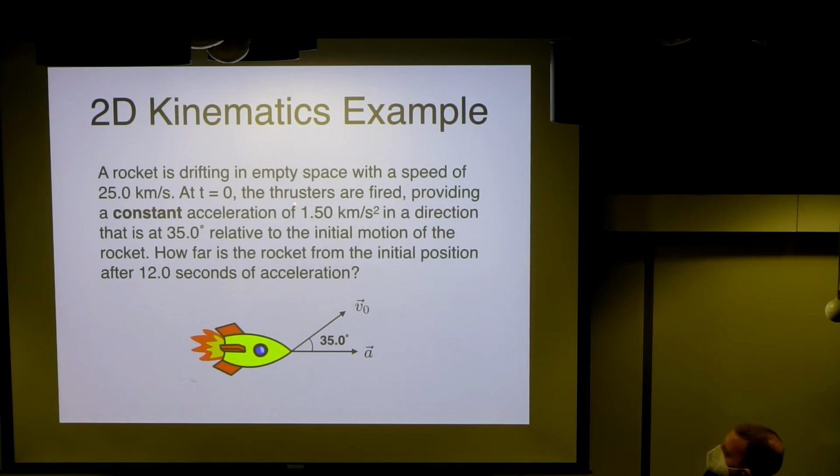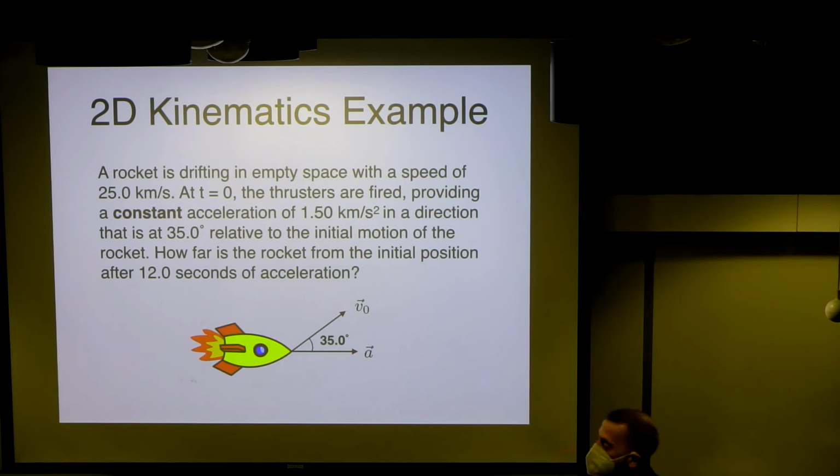At t equals 0, the thrusters of the rocket are fired, and what that does is it provides a constant acceleration of 1.5 kilometers per second squared in a direction that is 35 degrees relative to the initial motion of the rocket.